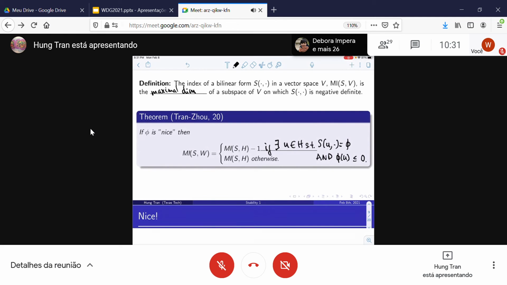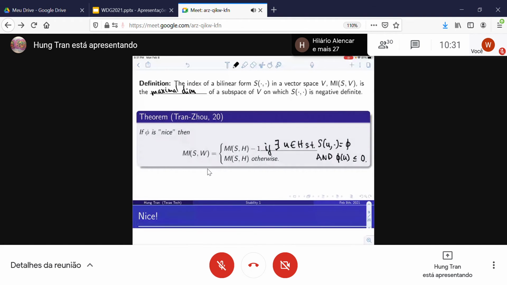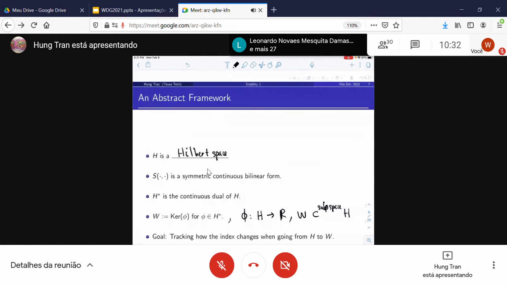Here is that when you're looking at this relation between the bilinear form S and the function phi, then it is natural to consider the continuous dual that I said earlier.